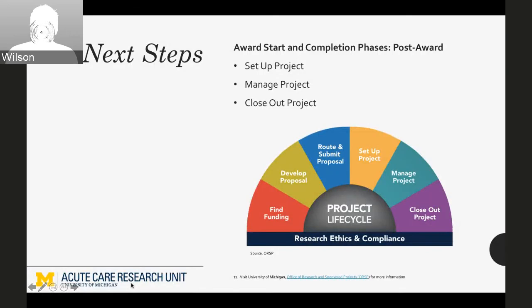Earlier, we discussed the beginning phases of the project life cycle. Let's take a look at the award start and completion phases. These last three phases are typically called the post-award phase. It includes setting up a project, managing a project, as well as closing out the project.